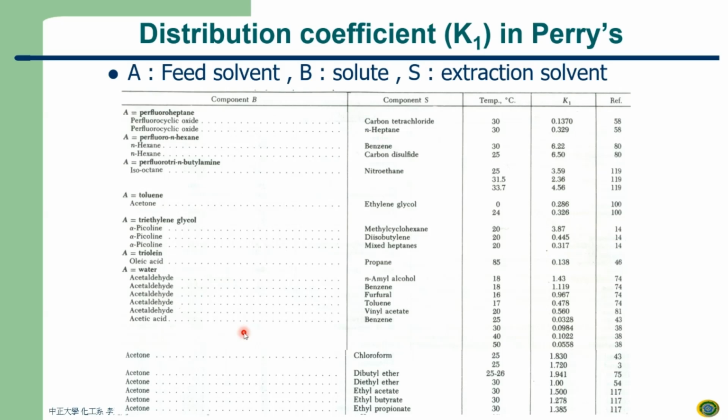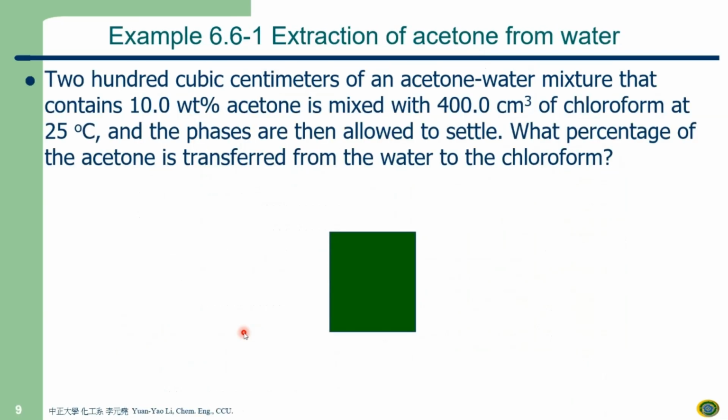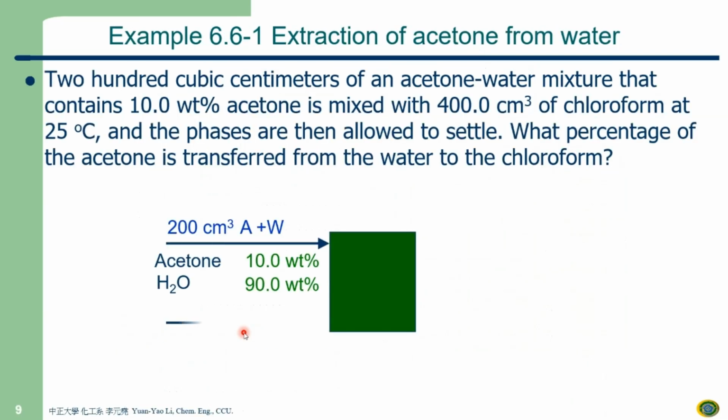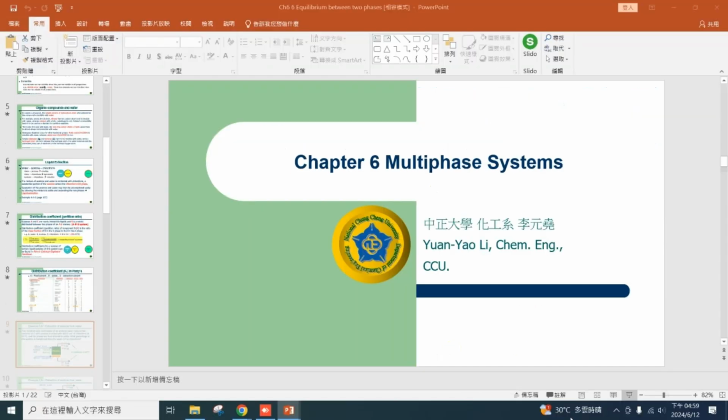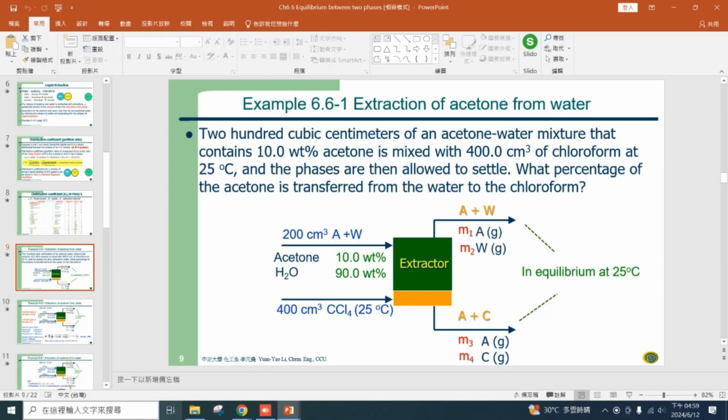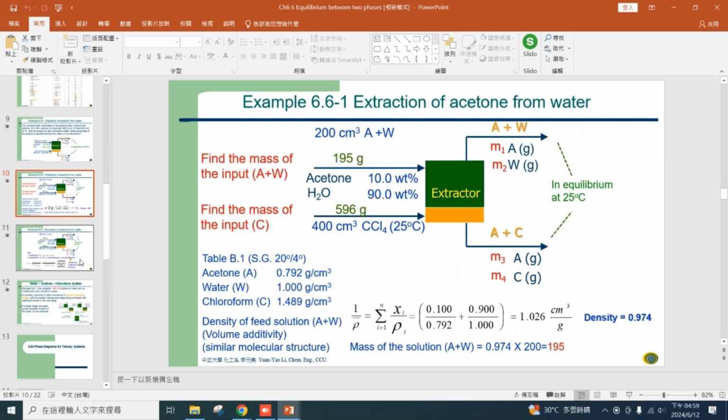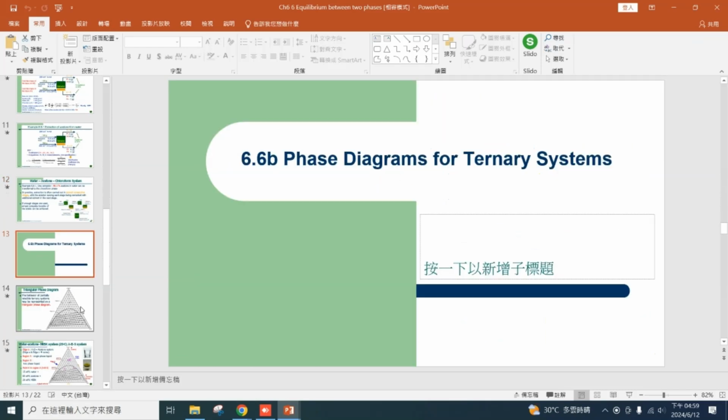And this is the table for the distribution coefficient; you can check this by yourself. This is A, B, and S. We already practiced this before, and we don't have time, so I will skip this. This is very clear, and I want you to know this.